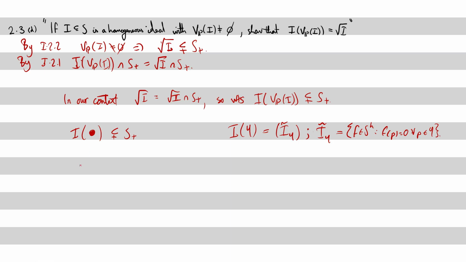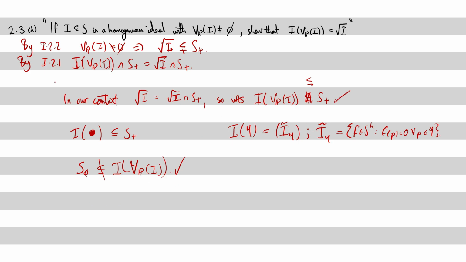So, in fact, we don't even need to show that it is not equal to. We can just show that. In fact, all this means is that we want to show that S0 is not a subset of the ideal generated by VPI. But nothing within S0 vanishes anywhere. So this is true.